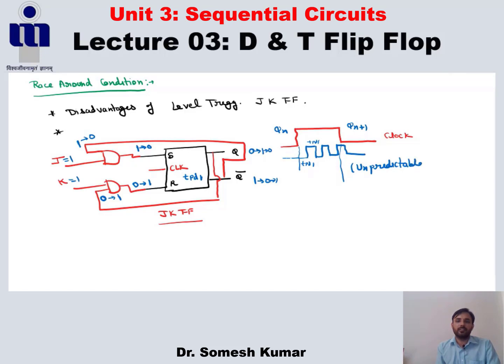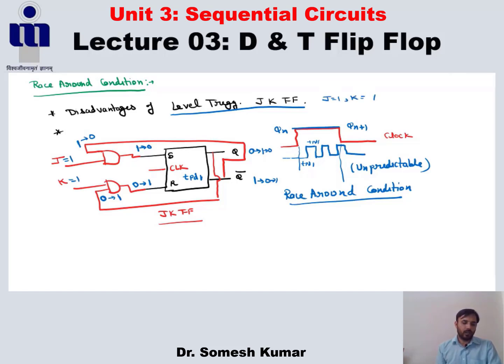This condition is called the race around condition. It exists only in the level triggered JK flip-flop, because the output changes in this level. This condition arises only in the level triggered JK flip-flop when J equals 1 and K equals 1.